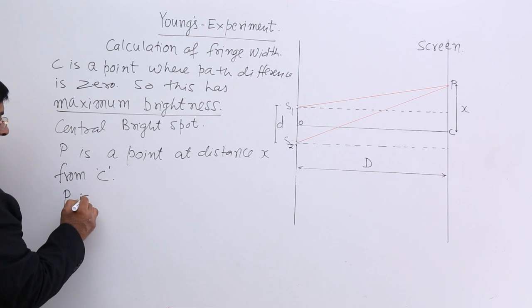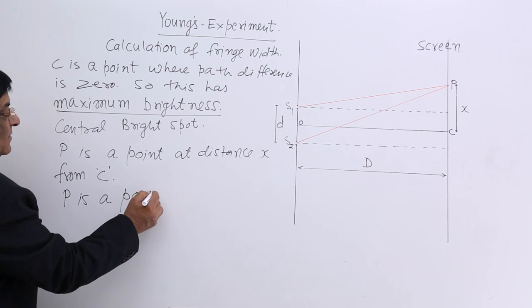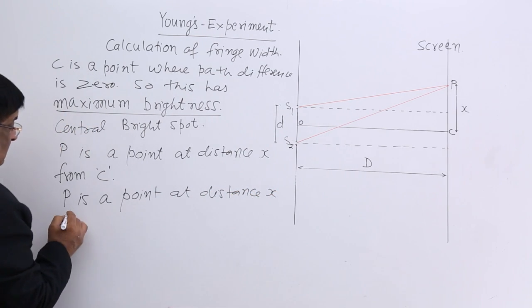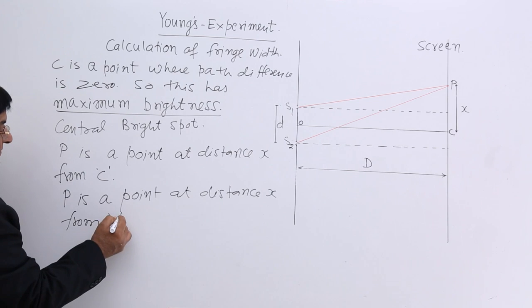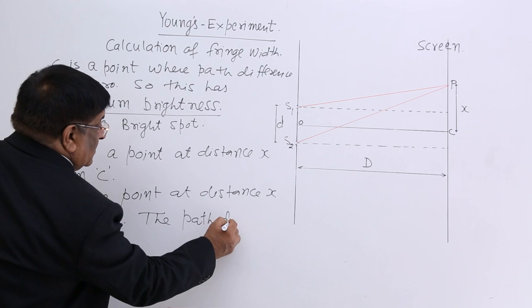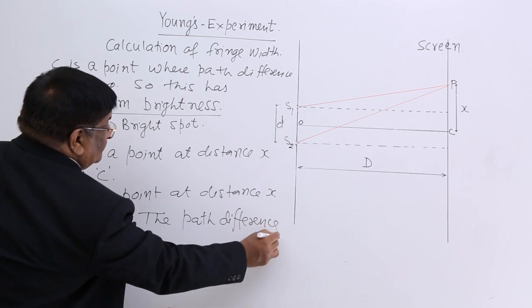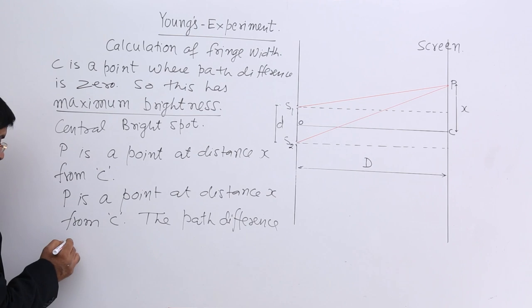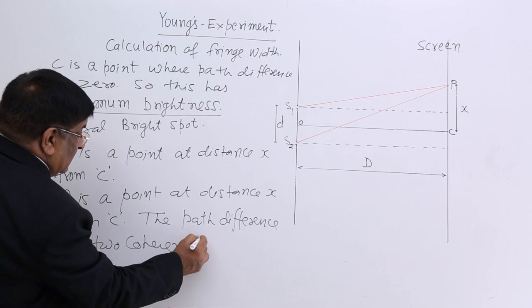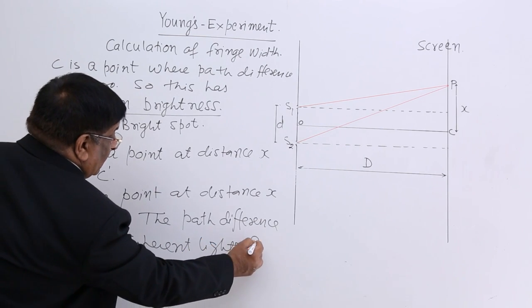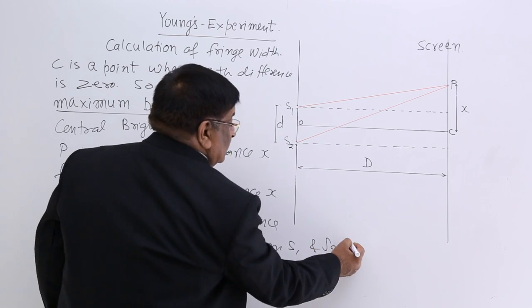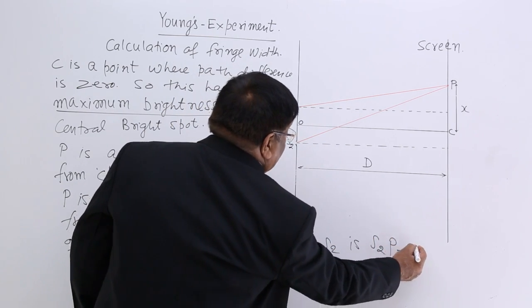So P is a point at distance x from C. The path difference of the two coherent lights from S1 and S2 is S2P minus S1P.